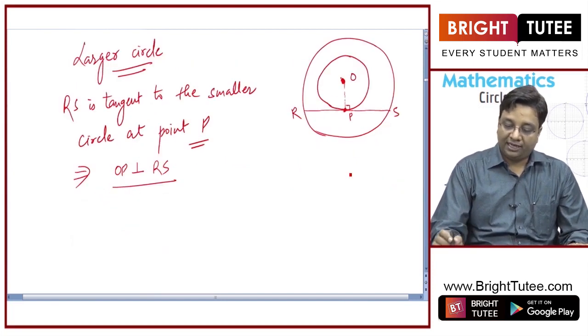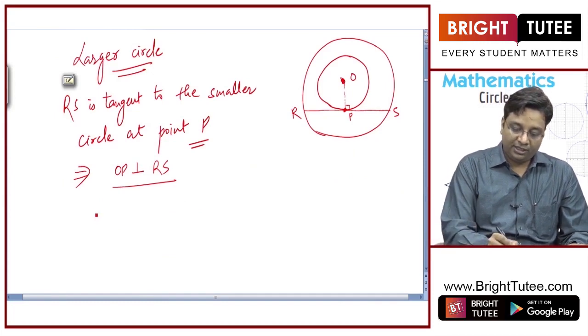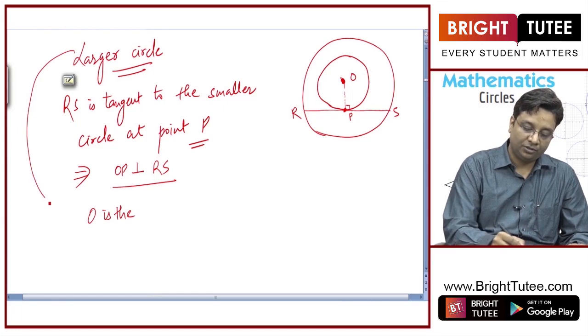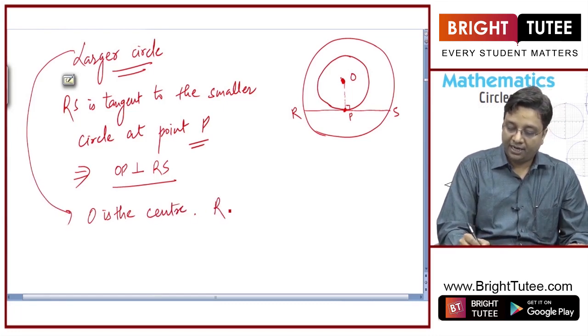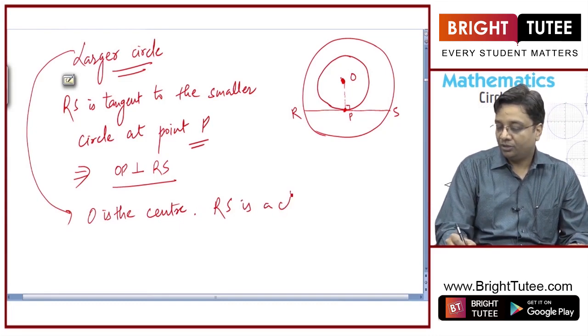Now focus on the larger circle. O is the center. We are now talking about the larger circle. O is the center, RS is a chord.